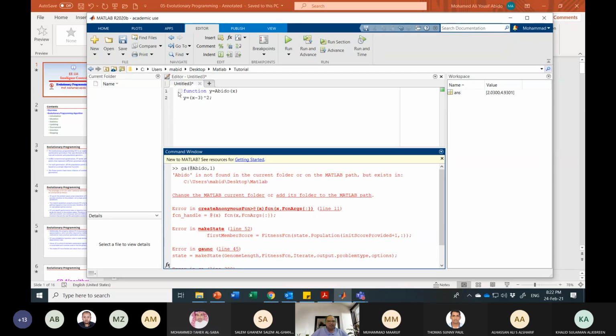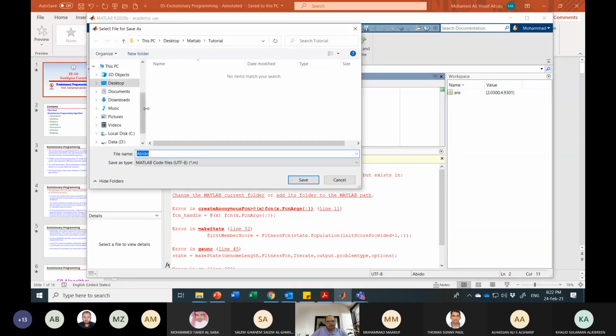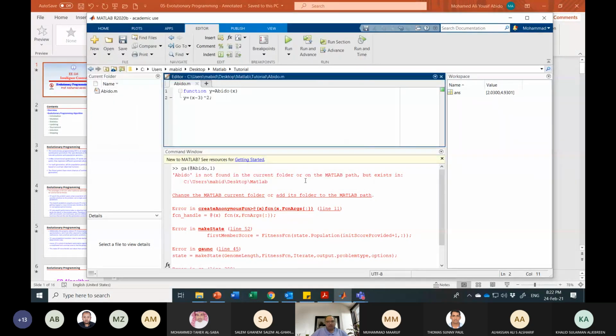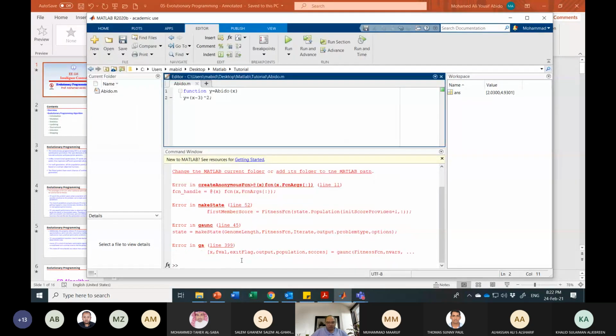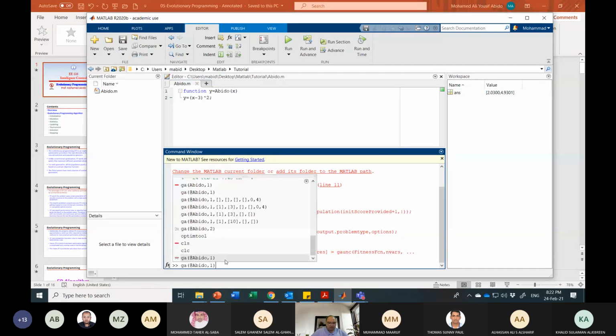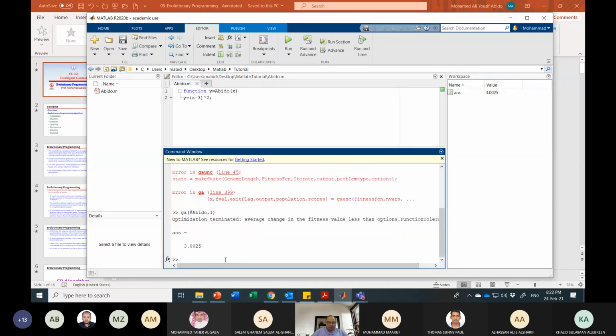Yeah, I didn't save it. So let me save, and since this is the function, I will need to save the file with the name of the function. So this is abidu. Okay, now we can go and do it.